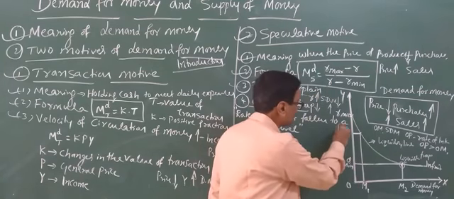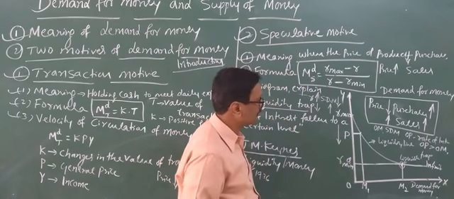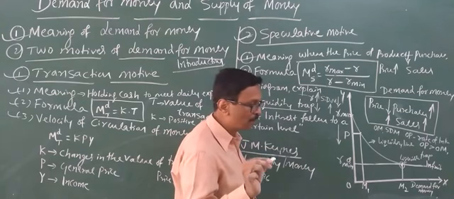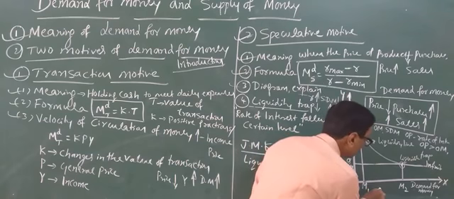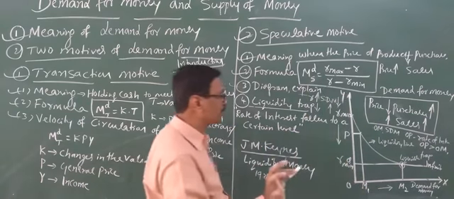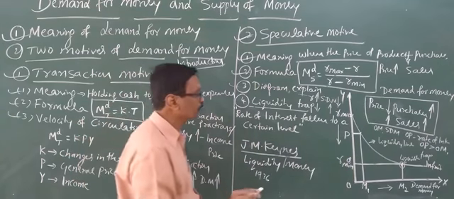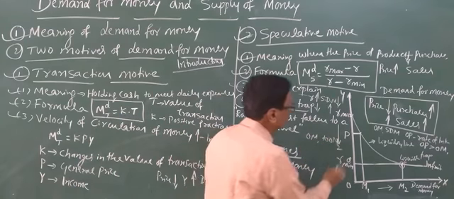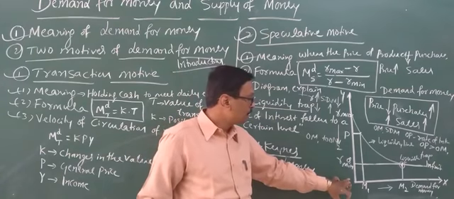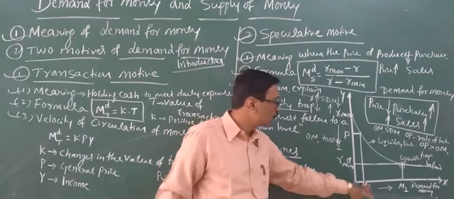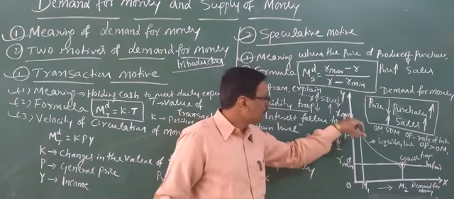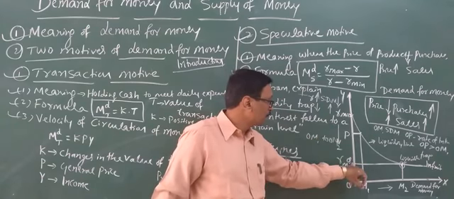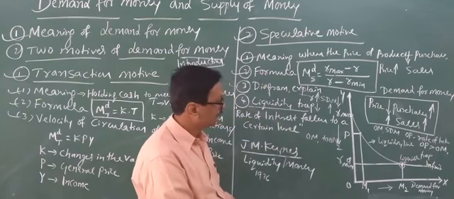When the rate of interest gradually decreases from point P to point Q, the speculative demand for money increases from OM1 to OM2. The speculative demand for money increases from OM1 to OM2 because the rate of interest gradually decreases from maximum to minimum at point Q.